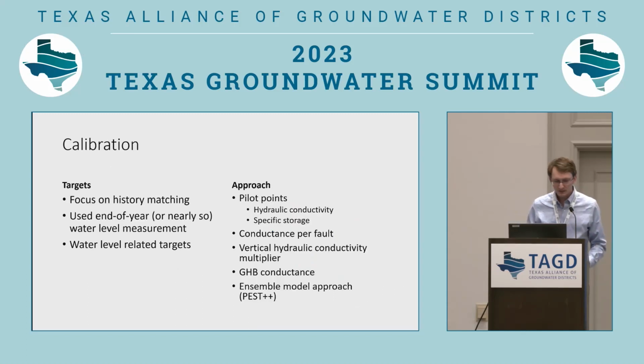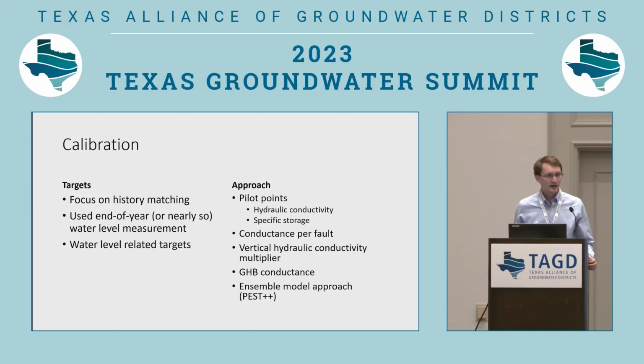Okay, all right, so then the calibration. The calibration was based on history matching using water level data, or targets. Most of the data was from the Clearwater monitoring network, but we did supplement some data from the Texas Water Development Board.